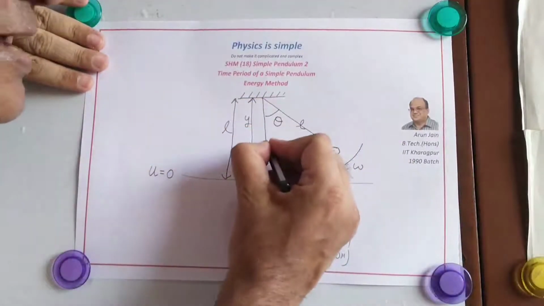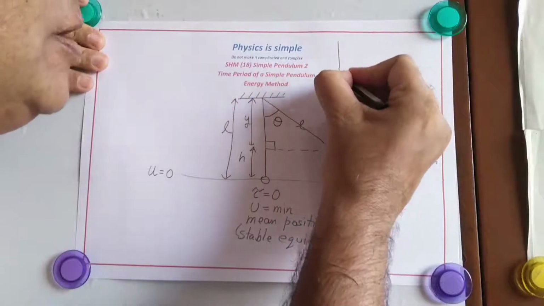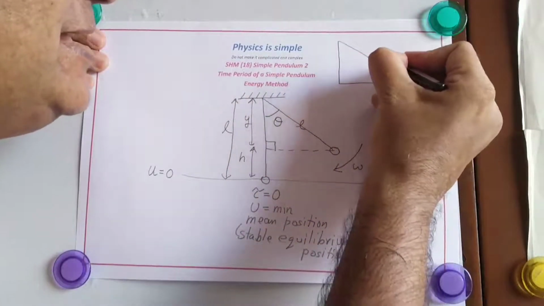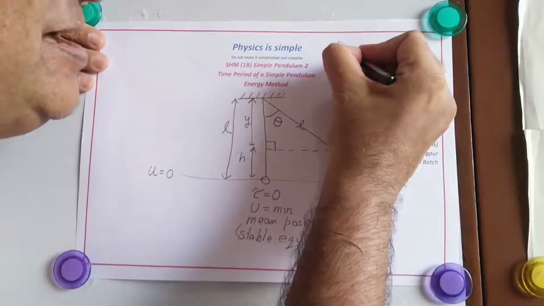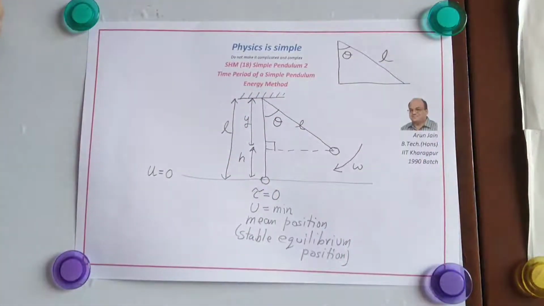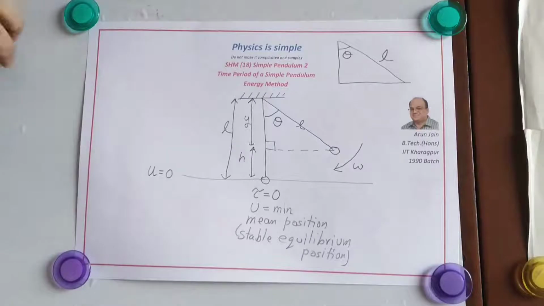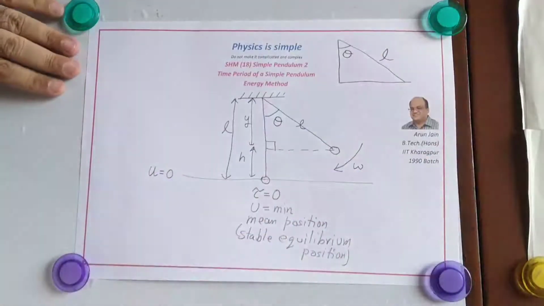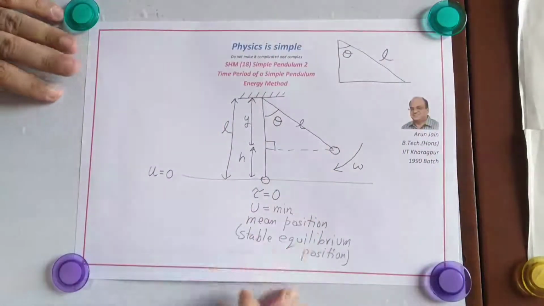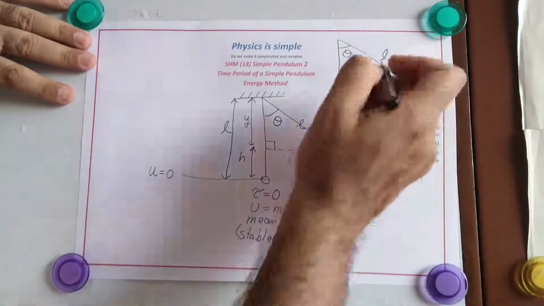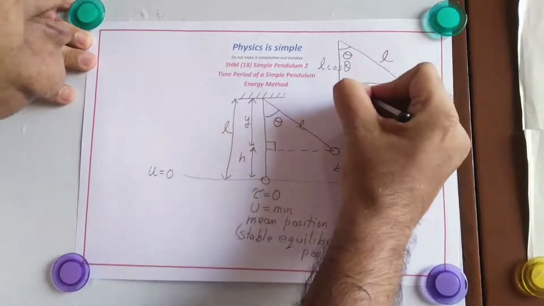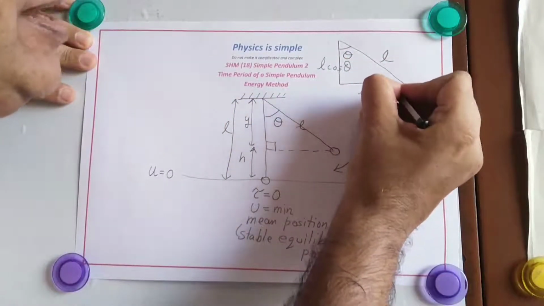Here we have a right angle triangle whose hypotenuse is L. This angle is theta. If in a right angle triangle we know the hypotenuse and one of the angles, and 90 degrees anyway we know, then the adjacent side is L cos theta and the opposite side is L sin theta.